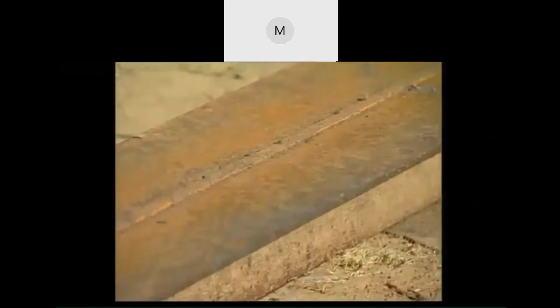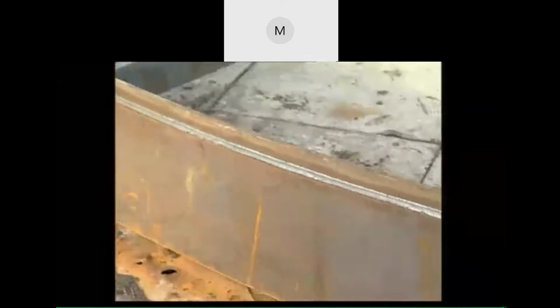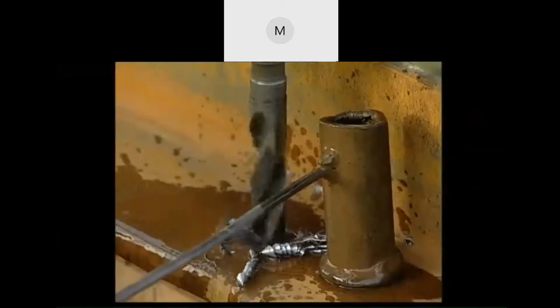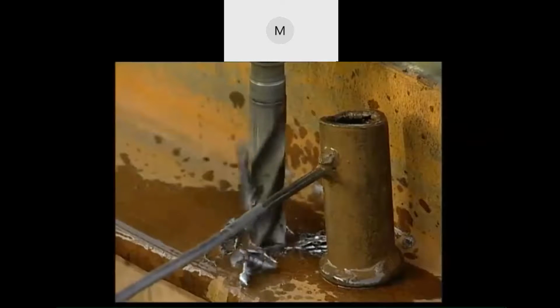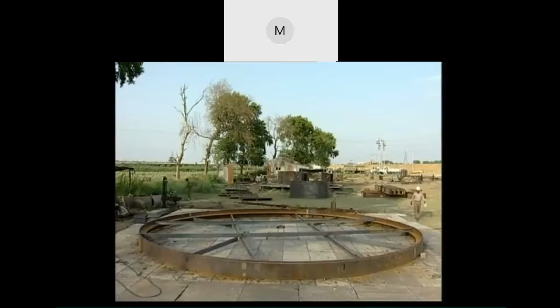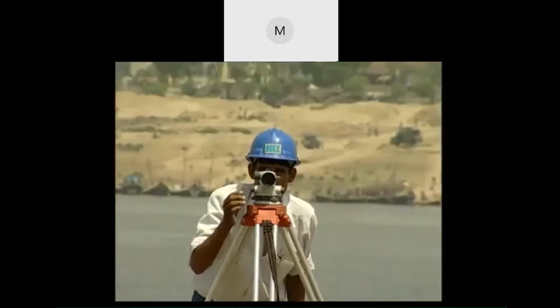The cutting edge consists of back-to-back angles welded with a 12 millimeter plate bent to shape on the outer periphery. Before the final assembly of the angles, holes are drilled into the face of the angle to receive the bond bars. The cutting edge is placed on timber sleepers after the ground is leveled and center point is established.